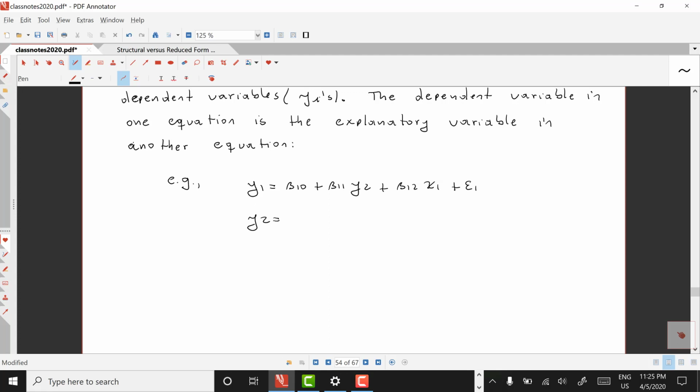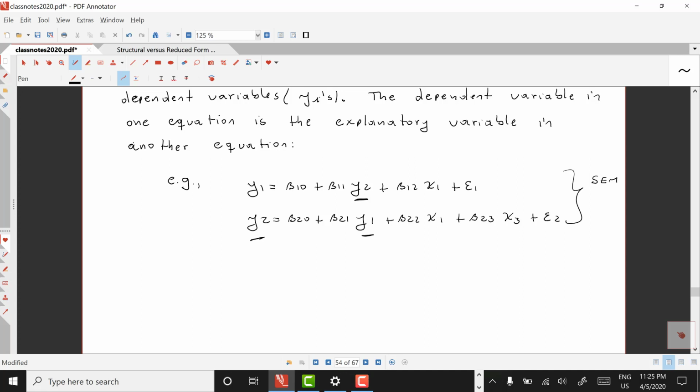In the second equation we have beta_21 y1 plus beta_22 x1 plus beta_23 x3 plus an error term. As you can see, y2, which is the dependent variable in the second equation, is an explanatory variable in the first equation, and y1, which is the dependent variable in the first equation, is also an explanatory variable in the second equation. So this is an example of a simultaneous equation model.